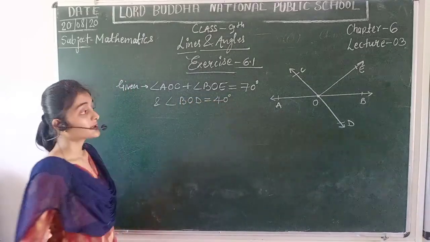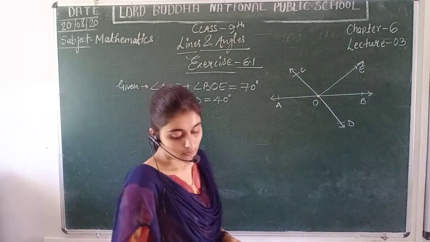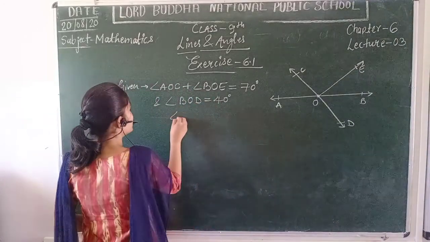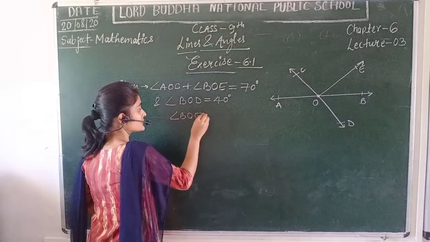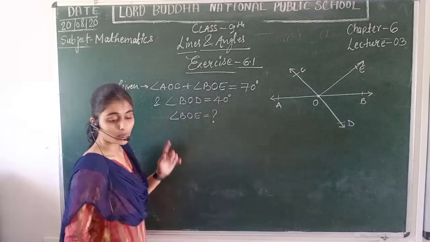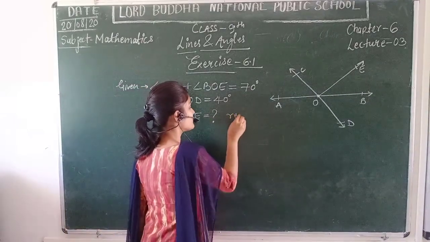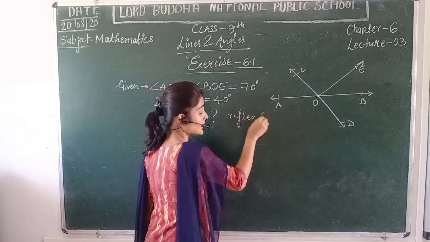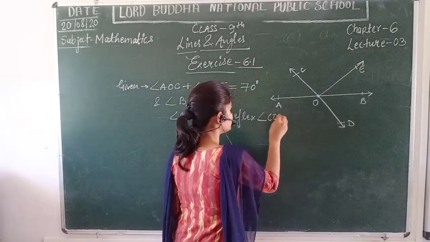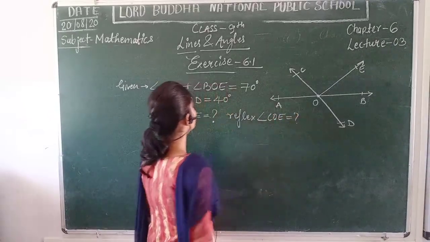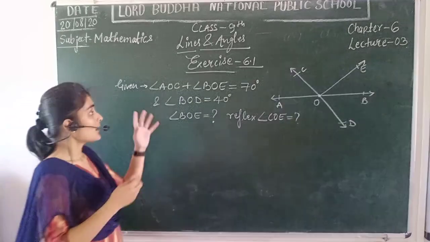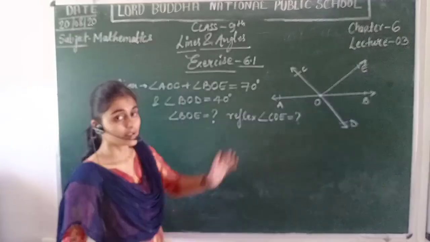So these two points are given in your question, and you have to find angle BOE and reflex angle COE. So let's see what is given to you. Let's relate it with the figure.